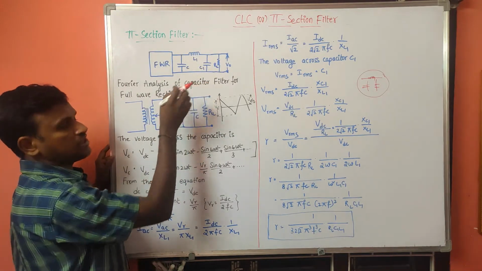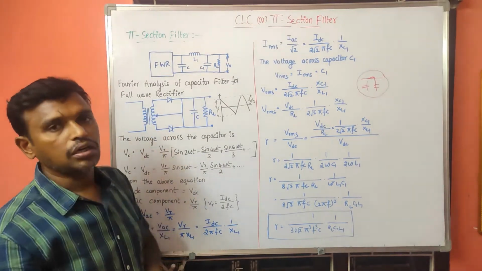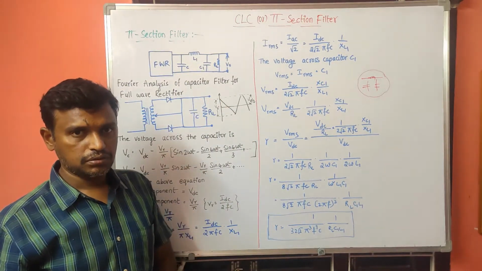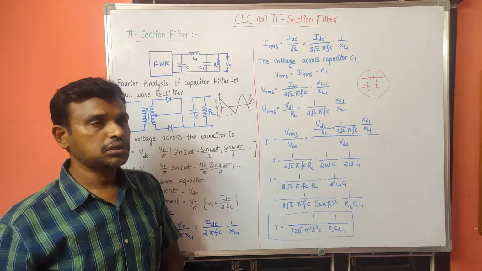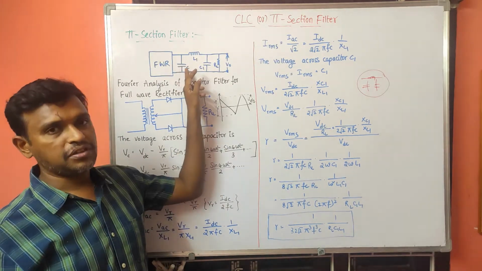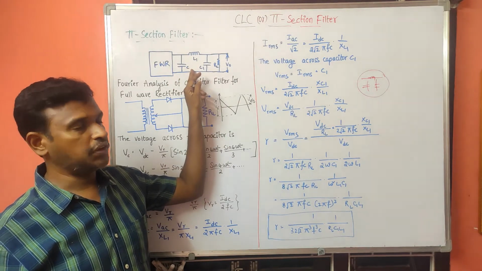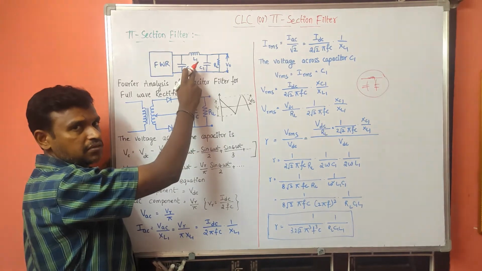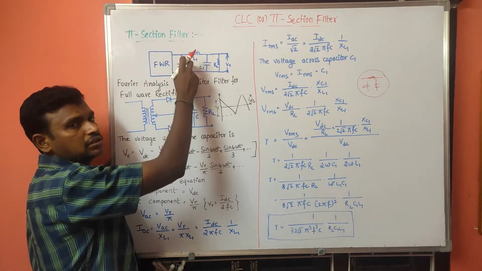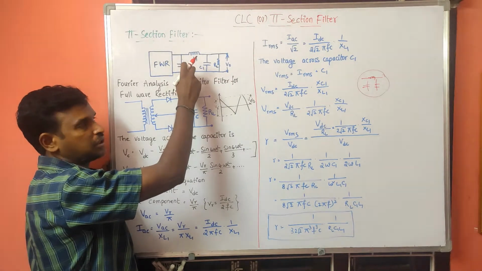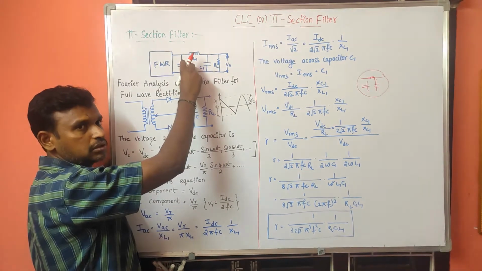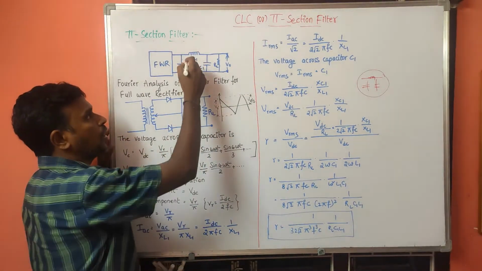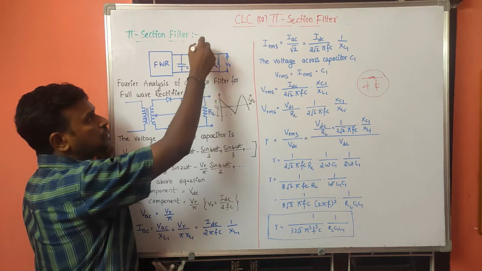Okay. So here we will first consider how we can calculate the ripple factor for this pi section filter. So first what we will do here is we will consider the capacitor filter, the output of the full wave rectifier. First I will give it to the capacitor filter with capacitance C, and we will consider the analysis or the Fourier series representation of the output of this capacitor, and from that we will calculate the different values, and after that we will apply that to the inductor.